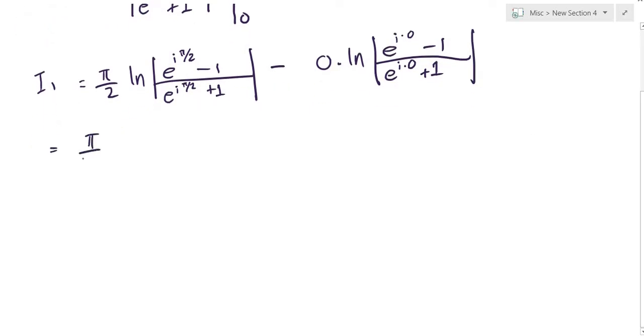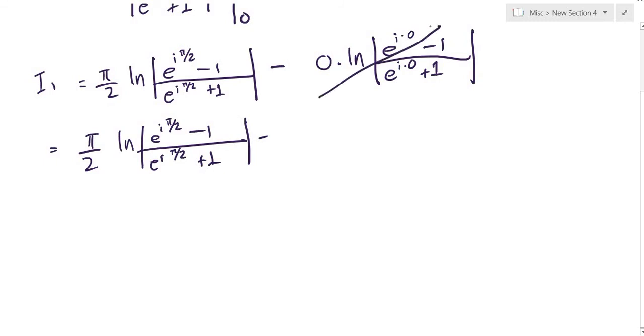So for now let's just write this as it is: pi over 2 times the natural log of (e raised to i times pi over 2 minus 1) divided by (e raised to i times pi over 2 plus 1). By virtue of this 0, and although we're going to have a 0 in the numerator of the log, you can actually estimate using limits that this thing entirely is going to go to 0.